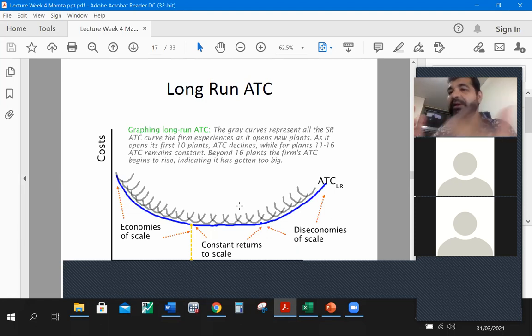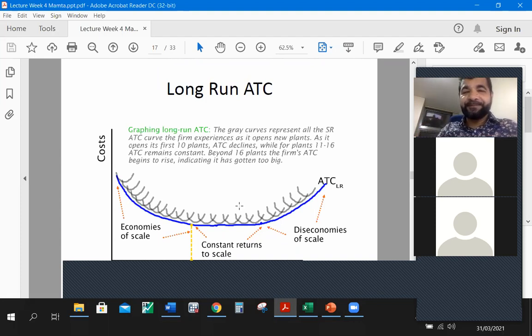What does it mean? It means that when you produce something on a large scale, your per unit costing will be reduced. This is known as economies of scale.